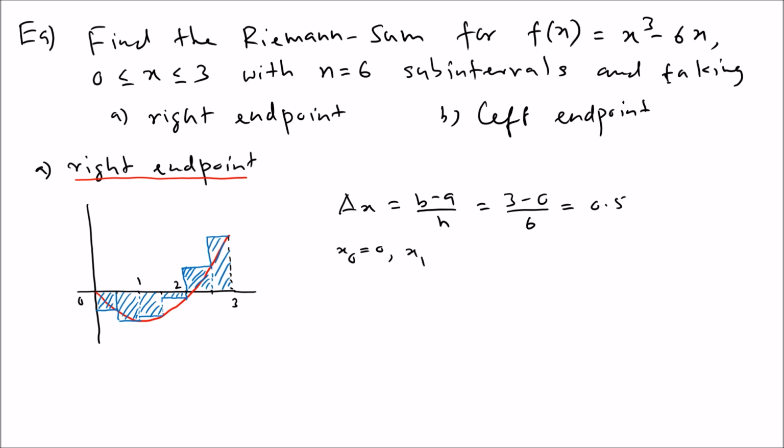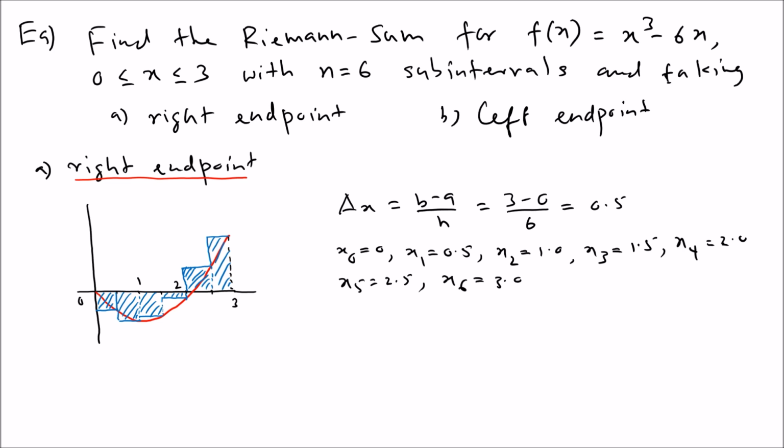So x1 is 0.5, x2 is 1.0, x3 is 1.5, x4 is 2.0, x5 is 2.5, and then x6 is 3.0.